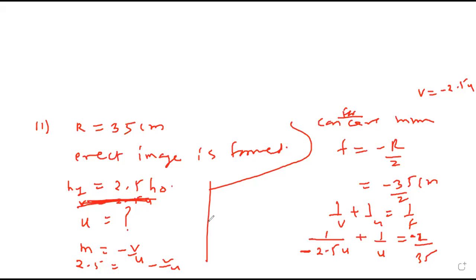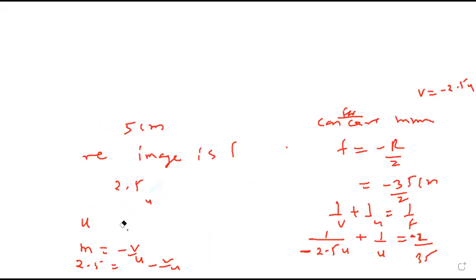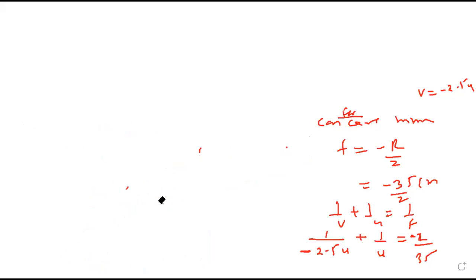Can I clear this now? Left hand side I will clear. So the LCM will be 2.5 u. So this is minus of 1 upon 2.5 u plus 1 upon u is minus 2 upon 35.